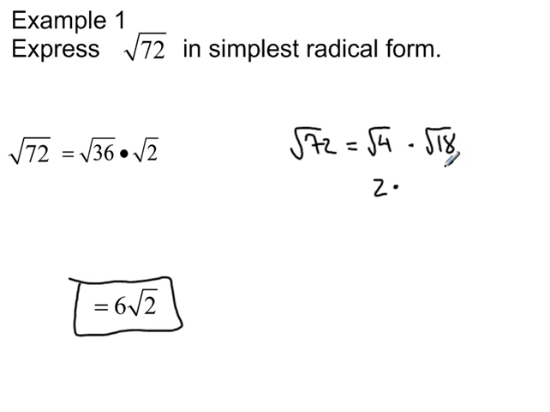So radical 18 could be simplified as radical 9 times radical 2. Radical 9 is 3. Bring down the radical 2. Bring down the 2. So you got 2 times 3.